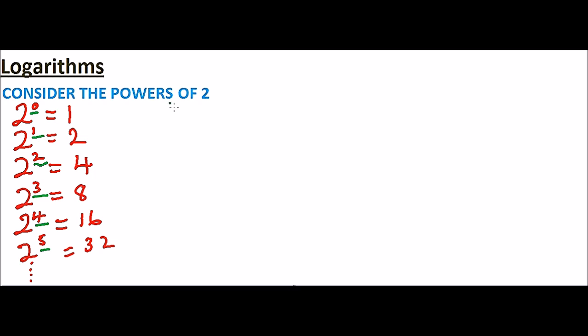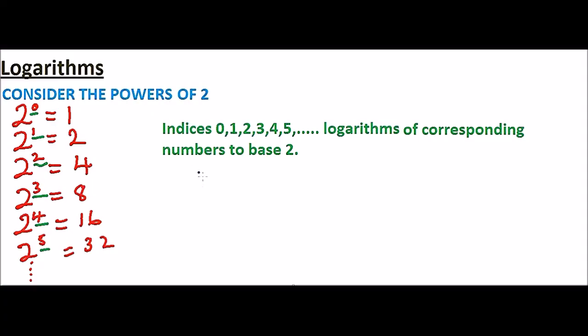Now from there we'll be able to define what is logarithm. Therefore we say that indices 0, 1, 2, 3, 4 and 5 are called logarithms of the corresponding numbers to base 2. So this statement may not make a lot of sense for now if you have not dealt with logarithms earlier, but in a short while, after we do a few examples, you will be able to understand what logarithms actually are.